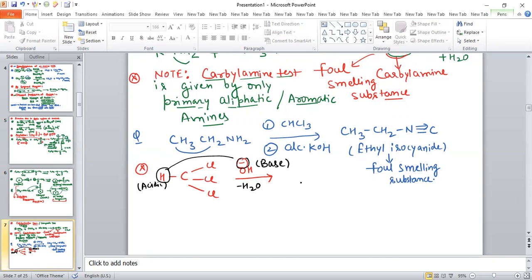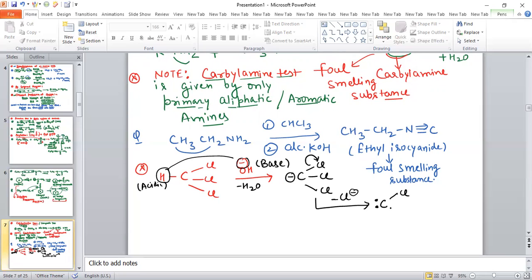Water will be removed, and this will convert into CCl3 minus. In the next step, the Cl minus leaving group is also removed, and this will convert into CCl2.